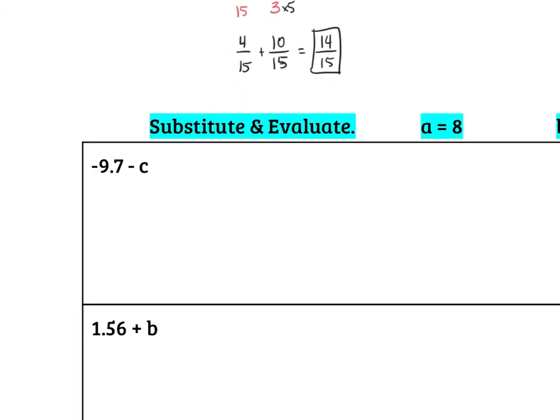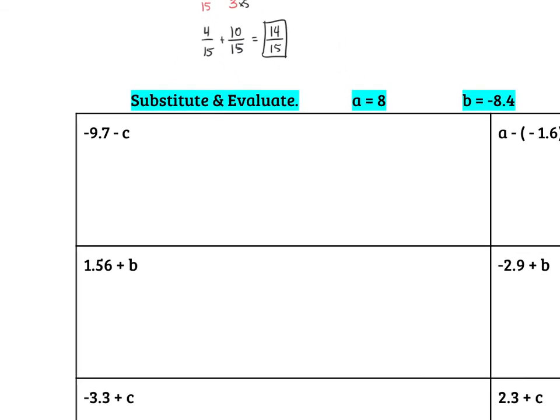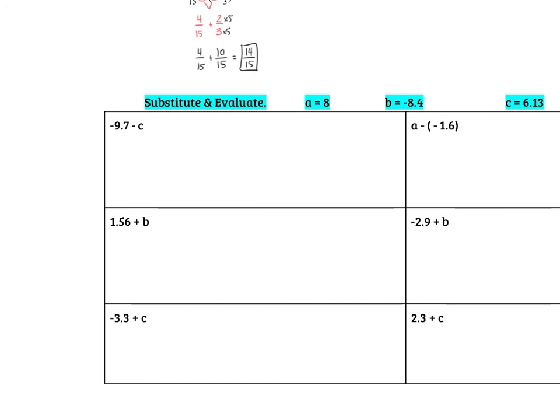Now let's come down where we were substituting and evaluating. Here I need to plug in what C is, 6.13. So I'm going to plug it in, -9.7 minus 6 13/100.